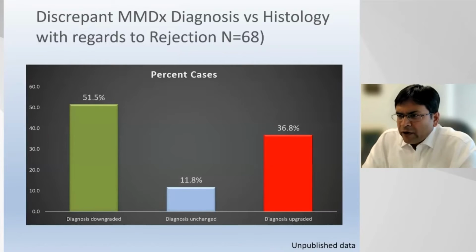So in the initial 600 biopsy cohort, we looked at the discrepant cases where MMDx diagnosis was different versus histology with regards to rejection. Of those cases, around 51% had their diagnosis downgraded by MMDx, and around 37% had their diagnosis upgraded by MMDx.